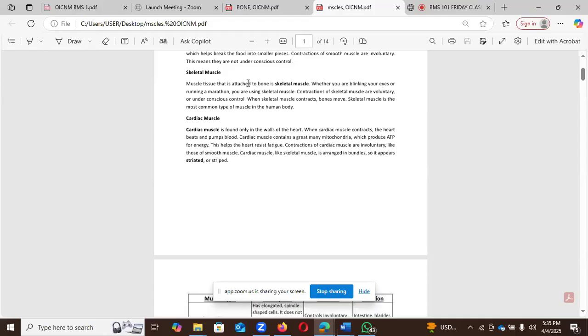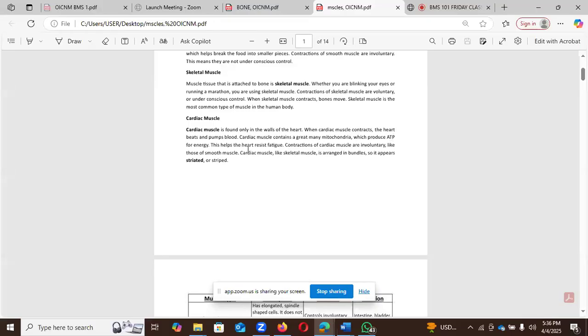Skeletal muscle can rest, smooth muscle can rest, but cardiac muscle doesn't rest. Every minute it is working. And why? Because it has a lot of mitochondria, ATP. And what's the full meaning of ATP? Adenosine triphosphate.